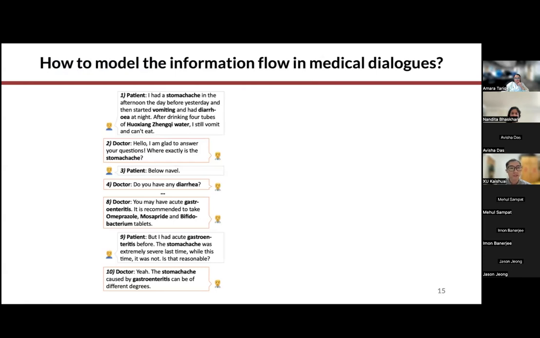Here is an example. As you can see, in this interaction the patient talks to the doctor about his symptoms, and you can see the entities.